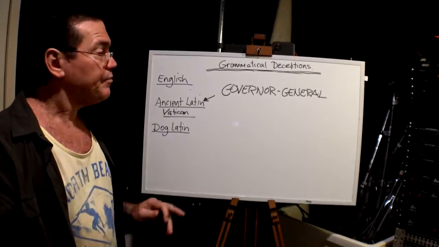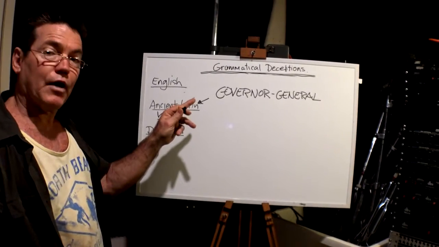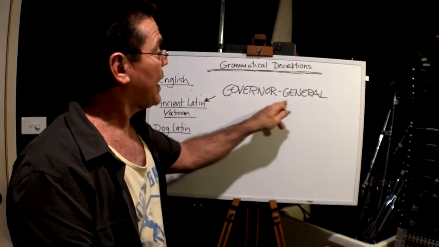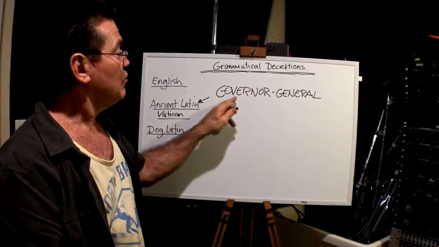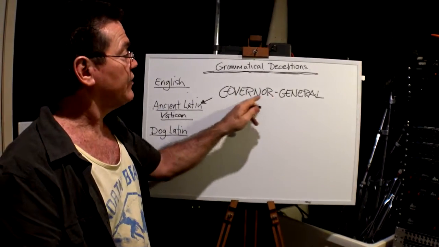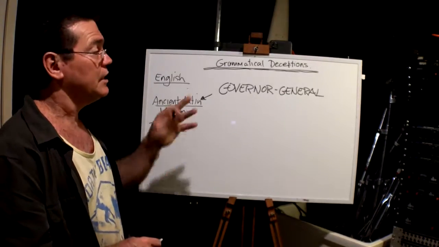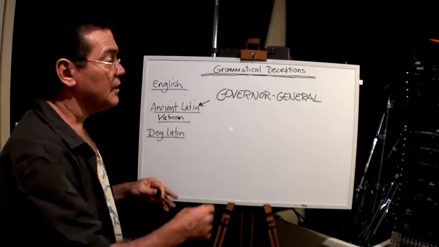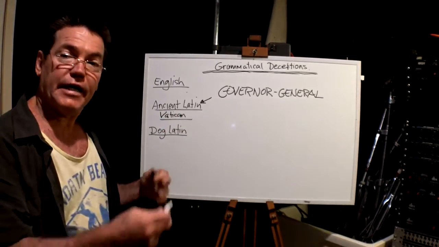But then what they do, they've got that written on the website, which is now in proper ancient Latin with the hyphen there, which renders the two signs, governor and general, coming together as two signs in order to make one sentence in sign.